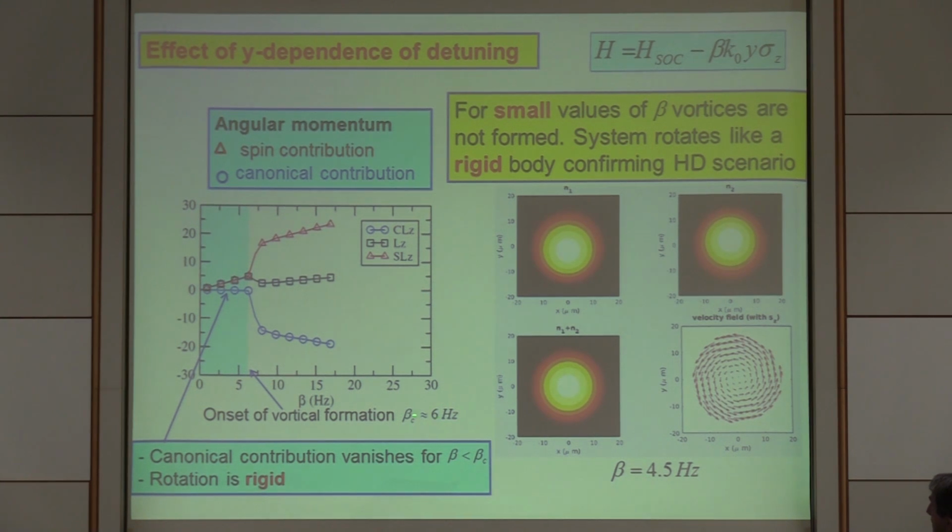Below the formation of vortices, which takes place with this choice of parameters at 6 Hertz, the canonical contribution gives no contribution to angular momentum because of the nature of the order parameter and the phase of the order parameter. While the contribution due to spin is the total angular momentum and follows the rigid body law. So the angular momentum is exactly proportional to beta, and provides the rigid value for the moment of inertia, which is essentially given by the ratio between angular momentum and the value of beta.